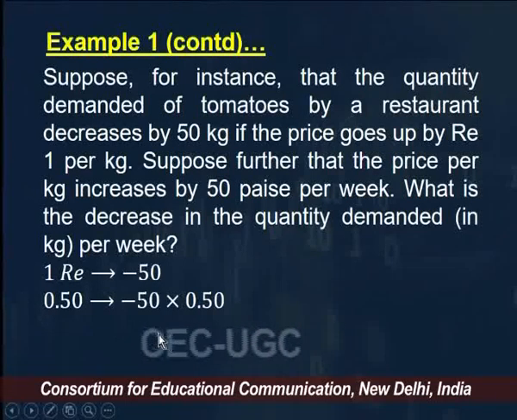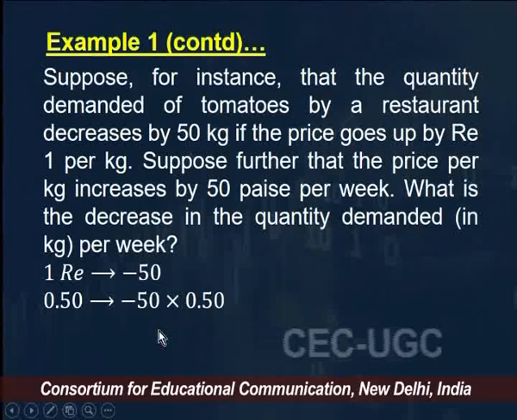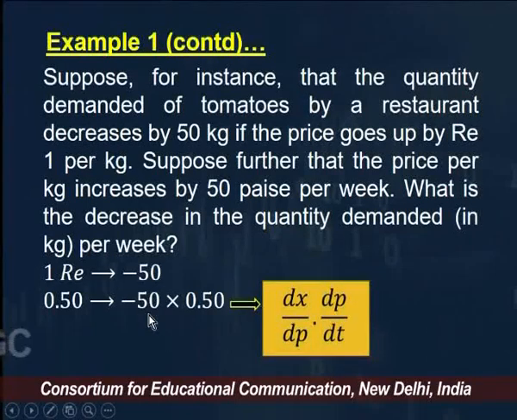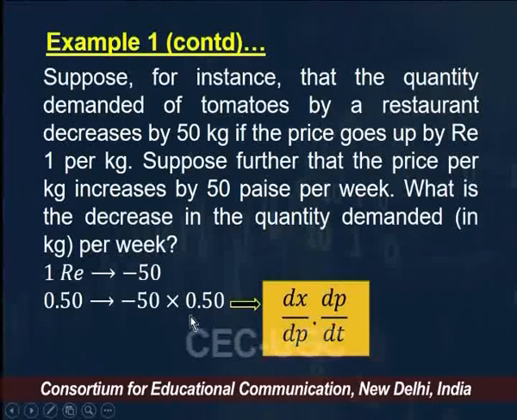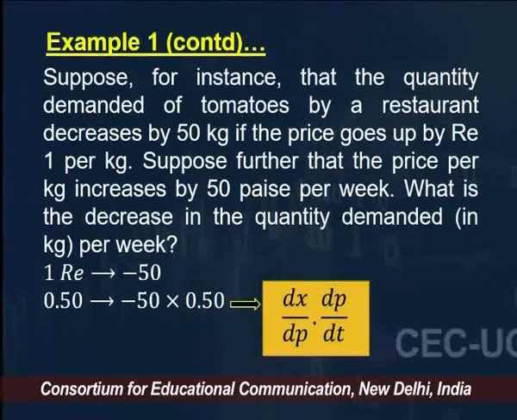But an alternative way of looking at things is actually to use the chain rule, because this minus 50 and 0.50, if we were to interpret these rates of change, could be given the interpretation of derivatives.